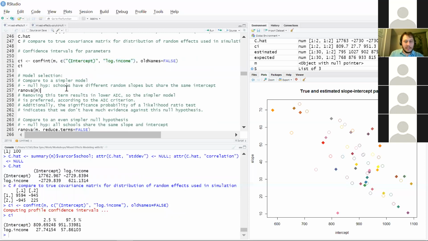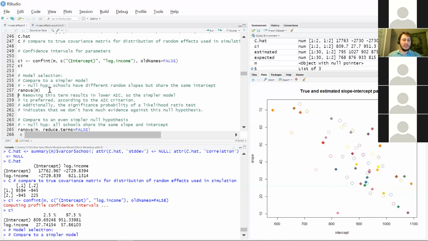And once again, we can think about simpler models. Well, we've already sort of thought about a simpler model, a model that doesn't have a coefficient for log income, and we saw a really tiny p-value for that case. You can also think about maybe all schools have the same line. Should we just pretend that all schools have the same line? That would be a RANOVA of the model.